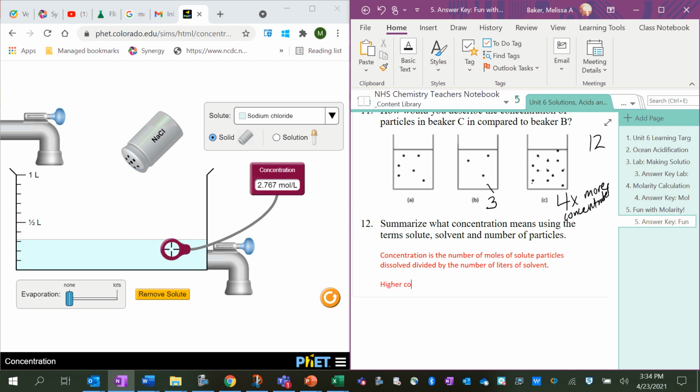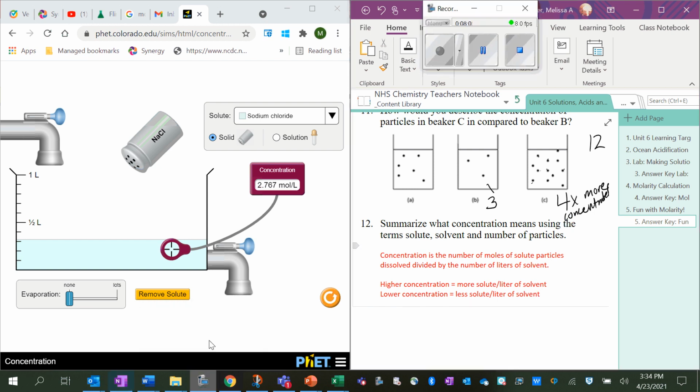So higher concentration equals more solute per liter of solvent, and a lower concentration equals less solute per liter of solvent. There you go. Hopefully that helps you understand.